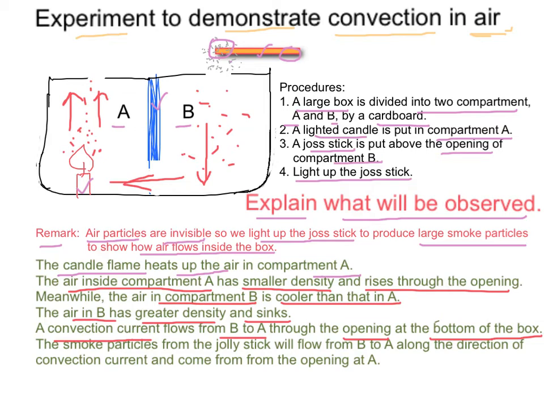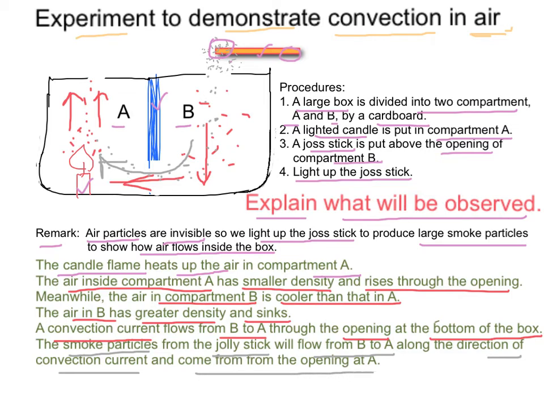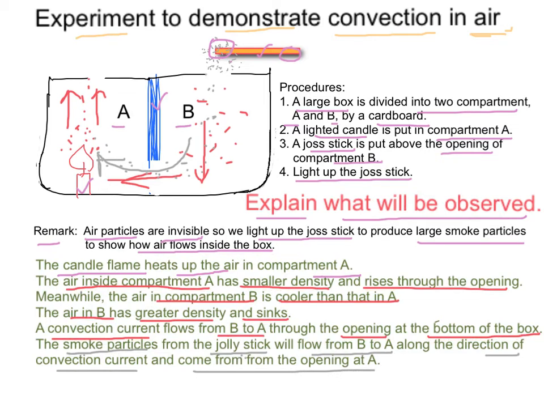At the same time, the smoke particles from the joss stick will flow from B to A, along the direction of the convection current, and come out from the opening at A. Throughout the process, we have a convection current as in the diagram. The hot air rises and the cold air sinks.